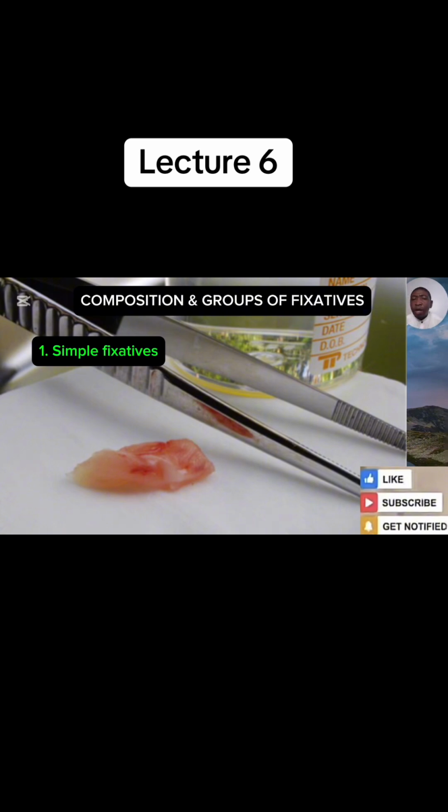For example, we have coagulant fixatives, which precipitate proteins and disrupt cellular structures to preserve tissue.